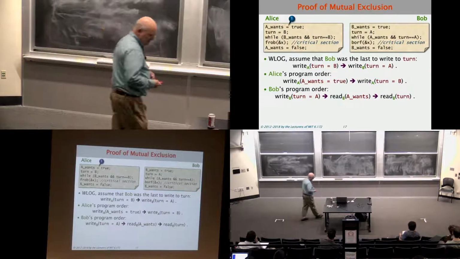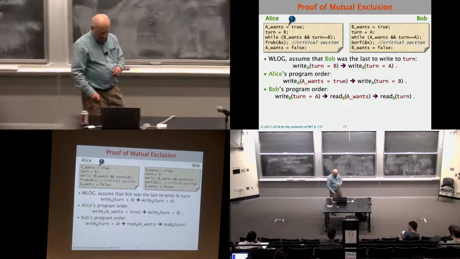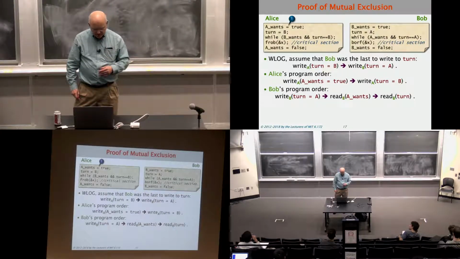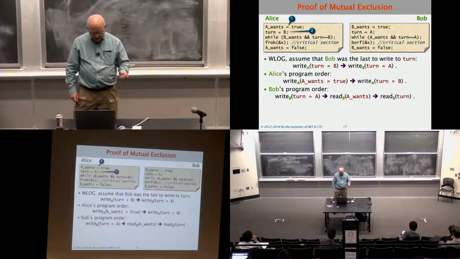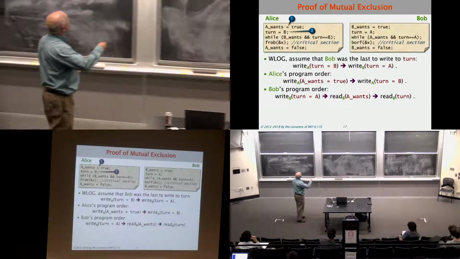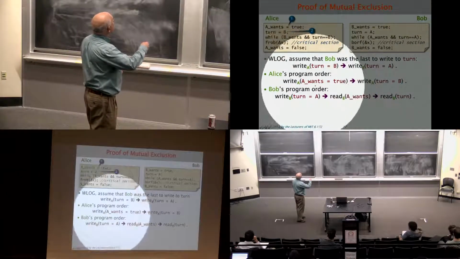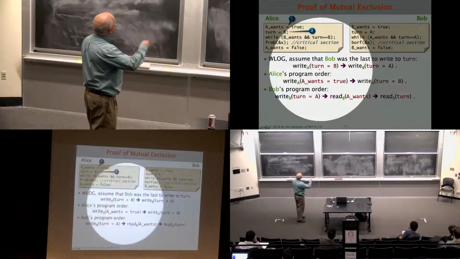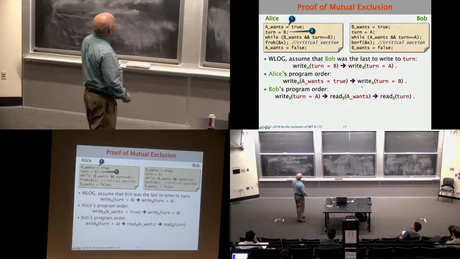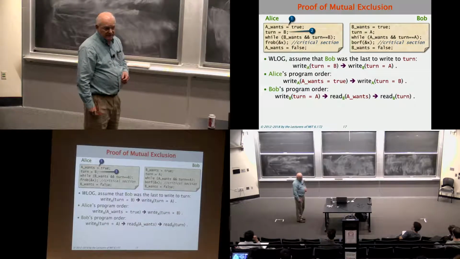Okay, so A wants equals true is first. Then we have the turn equals B. That's all from the second line here. Then what's next? Which instruction's next?